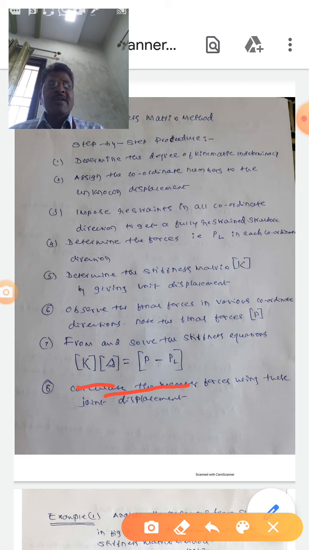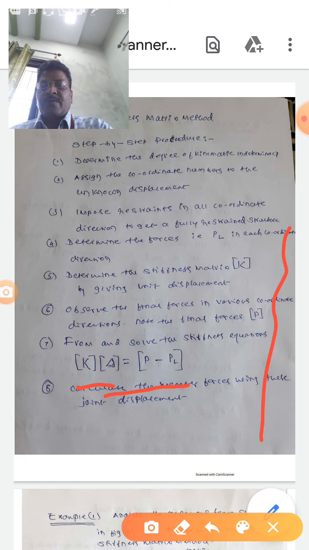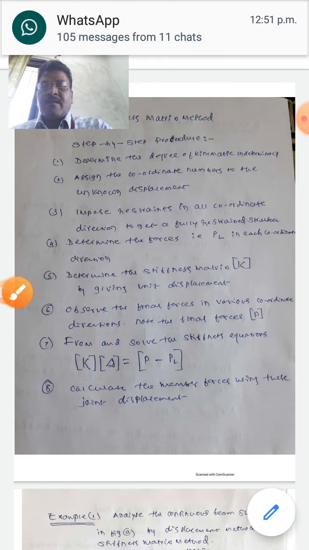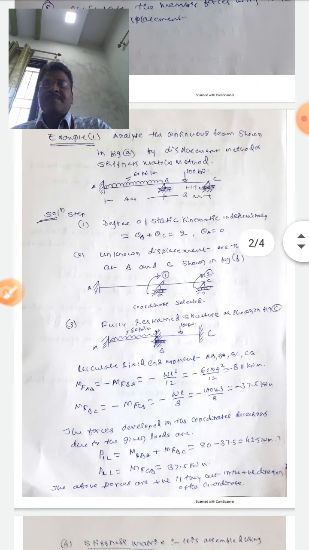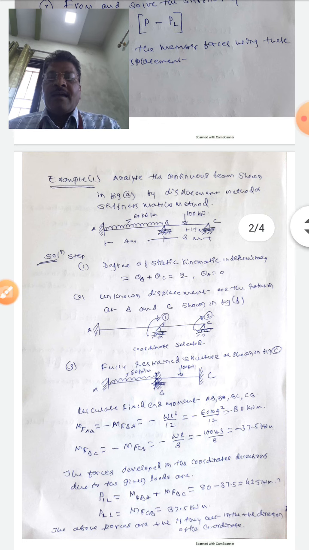So we are going to consider a continuous beam problem for getting the moments with the help of the stiffness matrix method. The example is: analyze the continuous beam shown in figure A by the displacement method or stiffness matrix method.